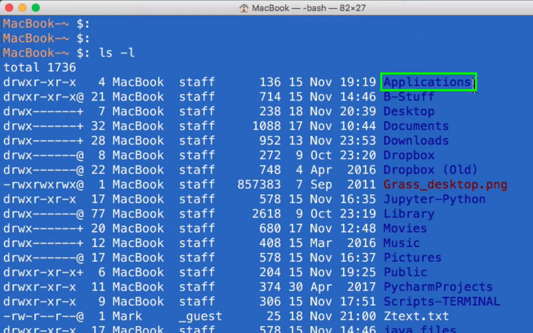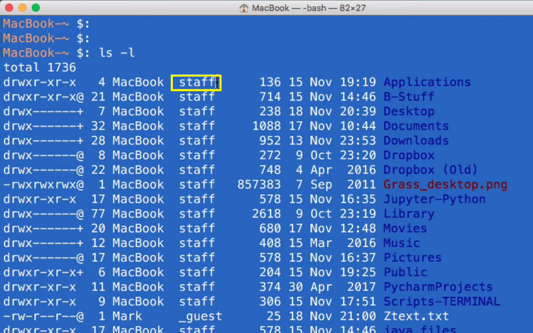What it's telling us here is the name of the file or folder that we have. Here you have the time when the file was last edited or created. Here this is the size of the file, and this is not very readable, but we're going to see how to make this more readable later.